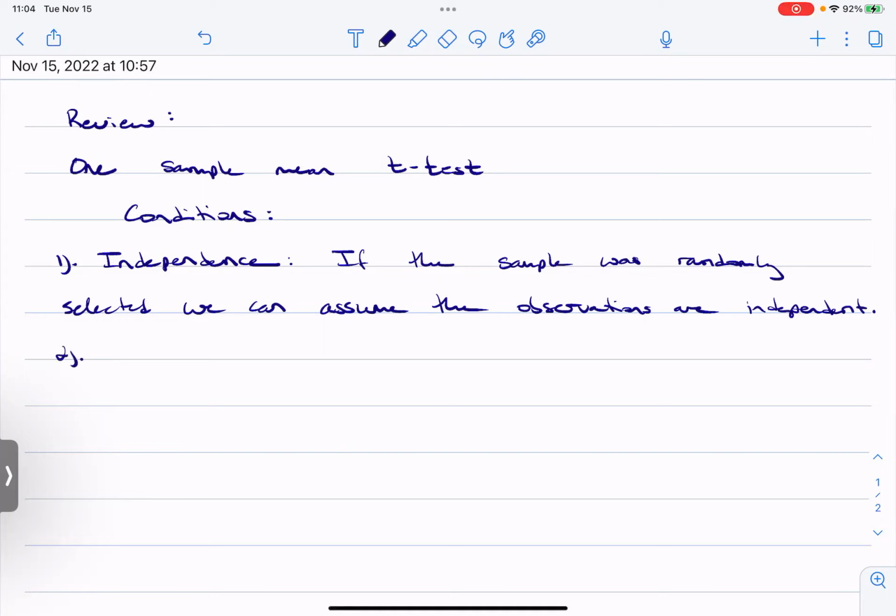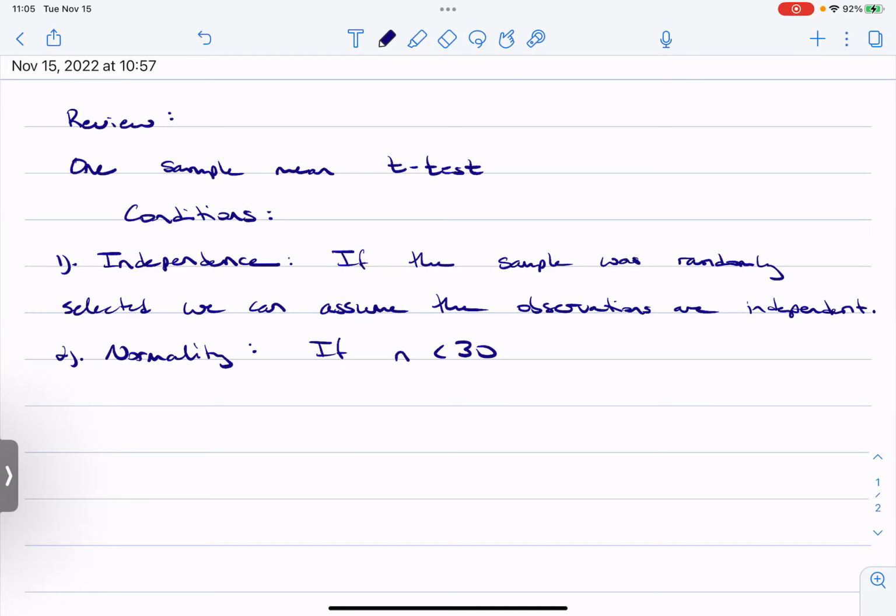The second condition is the normality condition. Remember, for mean questions, it depends on your sample size. We decided to use, and it's pretty common to use, 30 as our baseline here. So if n is less than 30, so if we have a small sample size, then the distribution has to be approximately normal, or at least symmetric with no outliers.